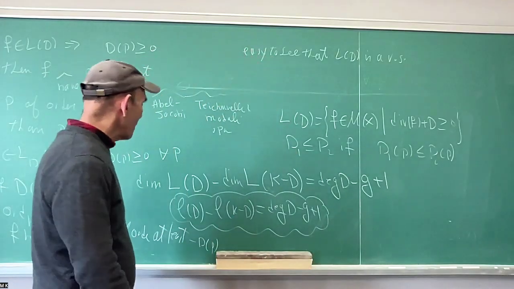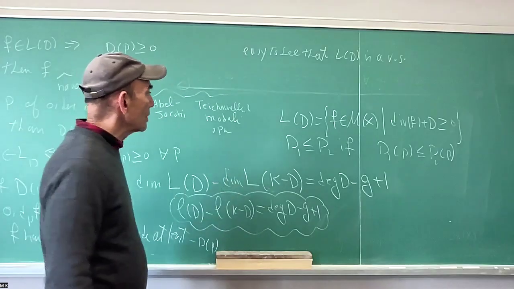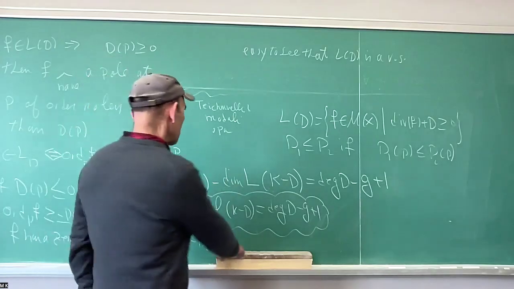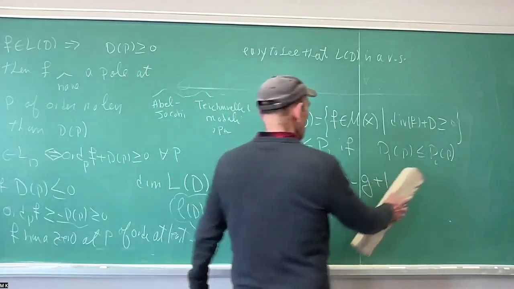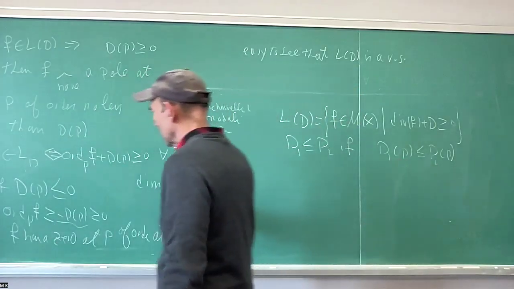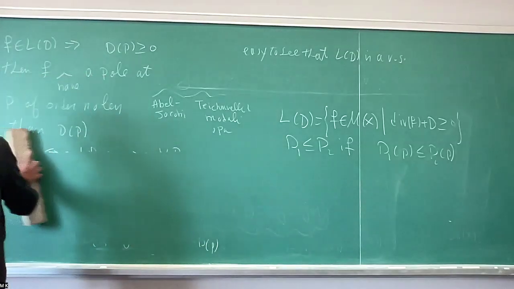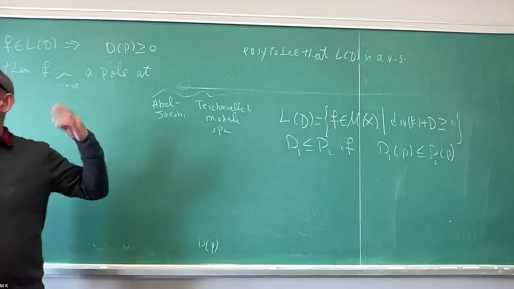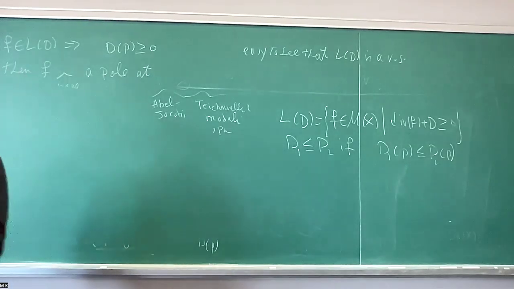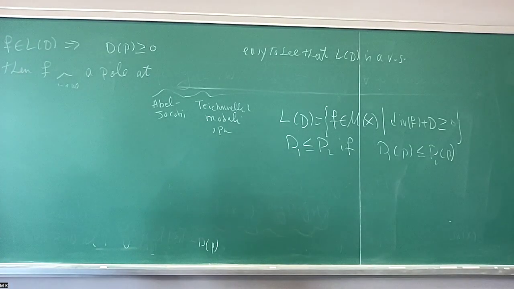Okay, so this is what we will prove, and in fact, understanding this condition is not so straightforward, because you could define many other types of spaces of meromorphic functions using this divisor. Why was this particular one chosen?